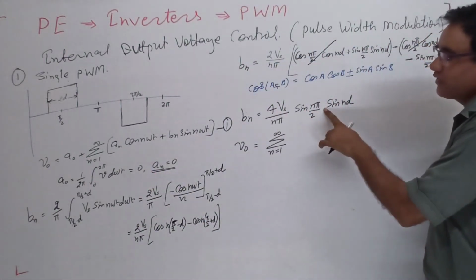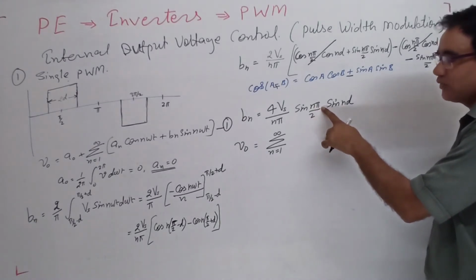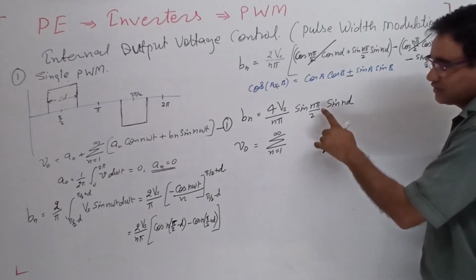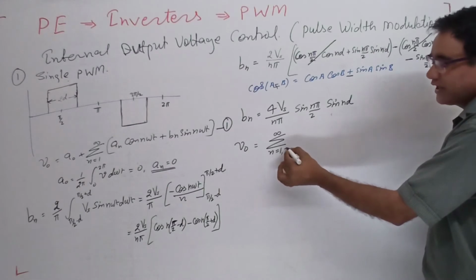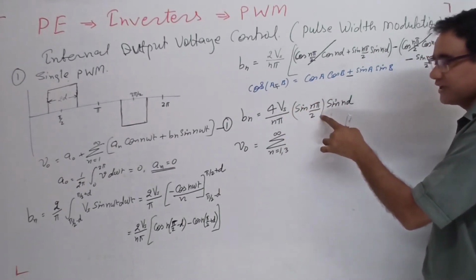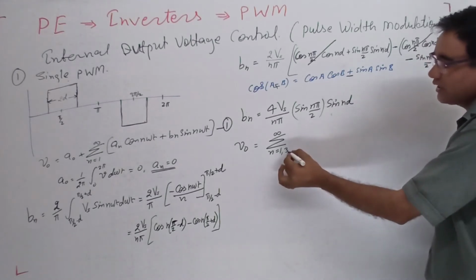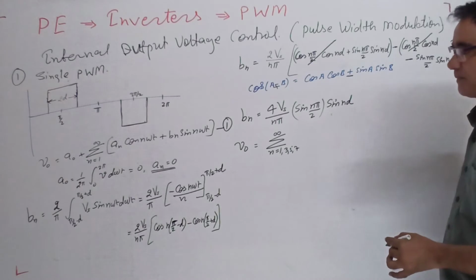If n is equal to 1, sin of n pi by 2 gives value 1; n is equal to 2, it is 0; n is equal to 3, the sine gives value 1, otherwise it gives 0. So n is equal to 1, 3, 5, 7 and so on to infinity.